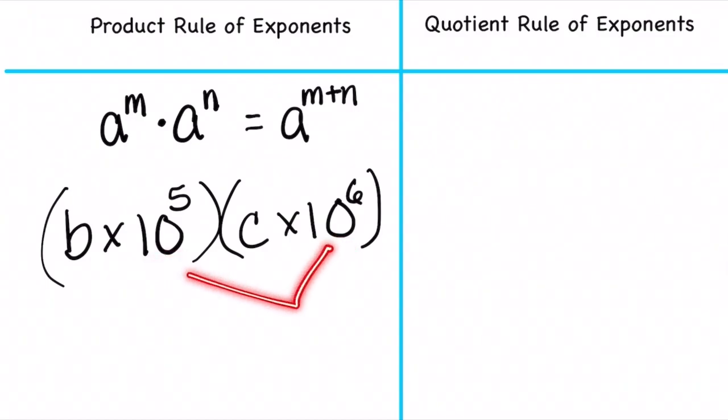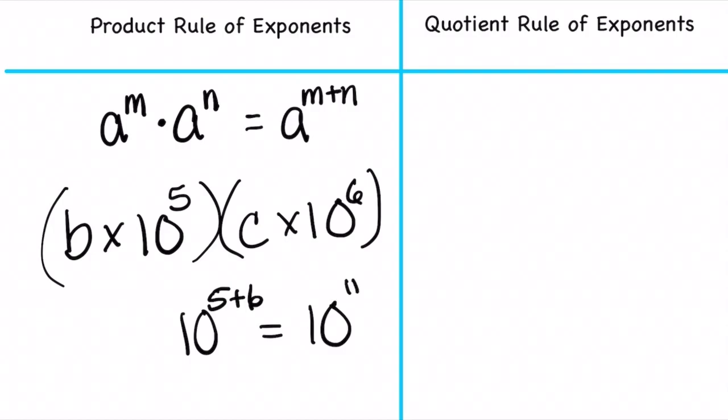And because our bases are the same, all we have to do is add those two exponents together to get our new product. So what's going to happen with these two numbers in front, our b and our c? They are also going to be multiplied together. Okay, and we do not have to make a change. Multiplying and dividing is actually a lot easier than adding and subtracting.